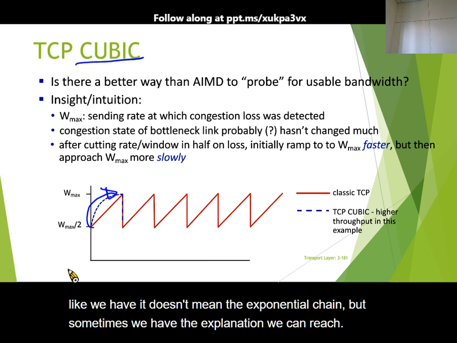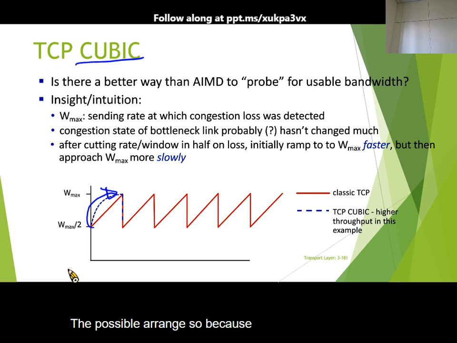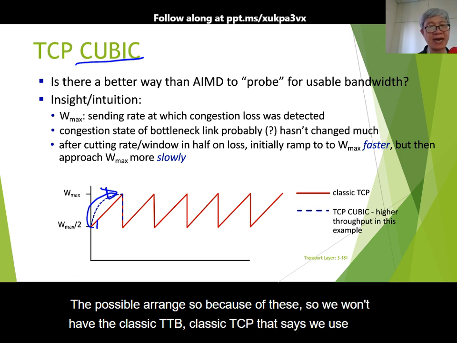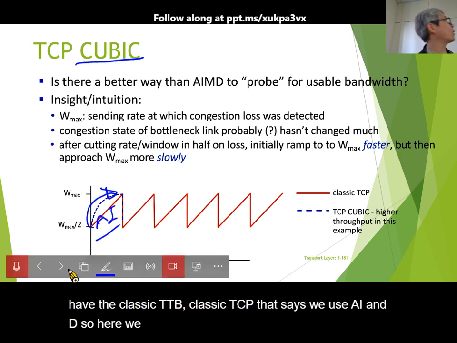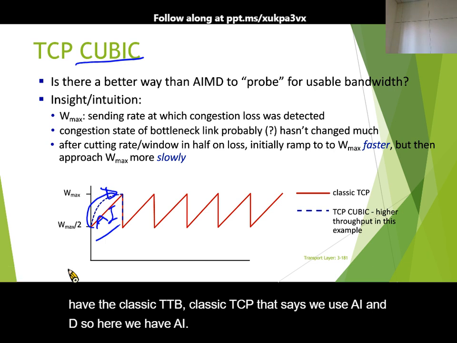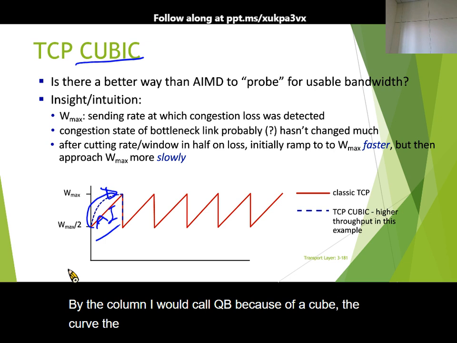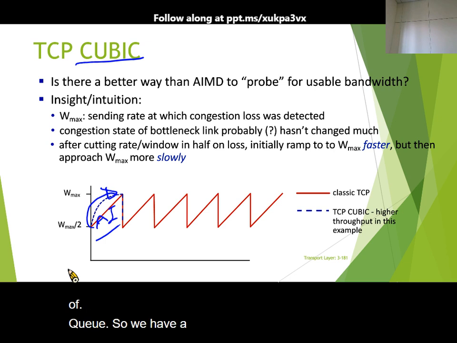So we have the classic TCP, which uses AIMD. So here we have AI. But the current one we call CUBIC because of a cube term, so we have a cubic curve this way. And so this version we call TCP CUBIC.